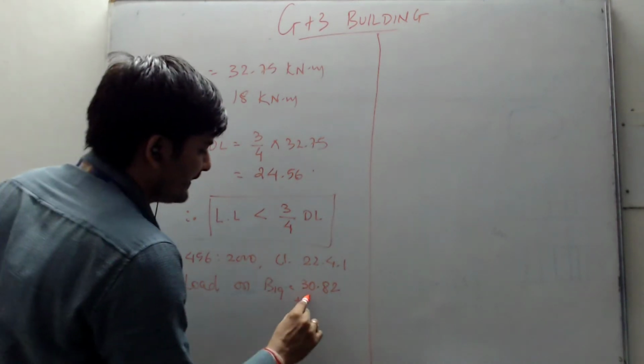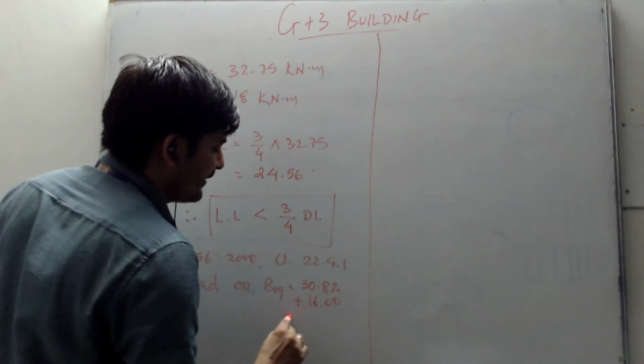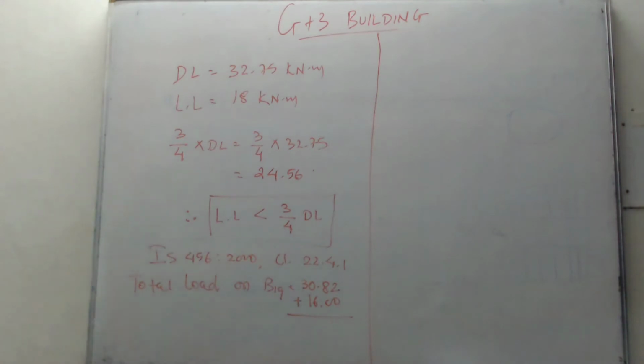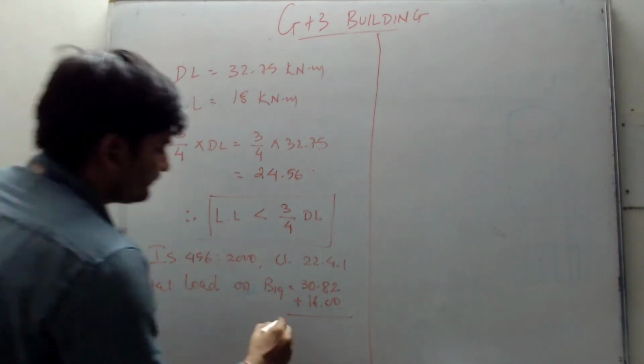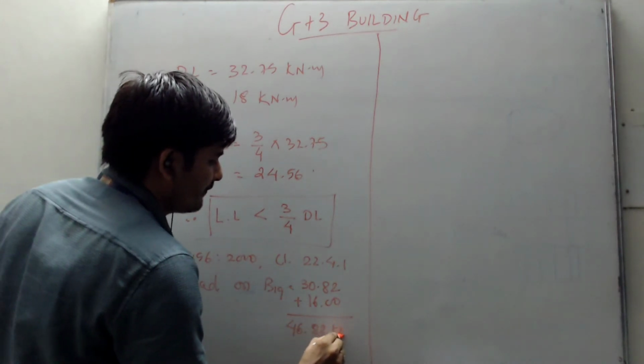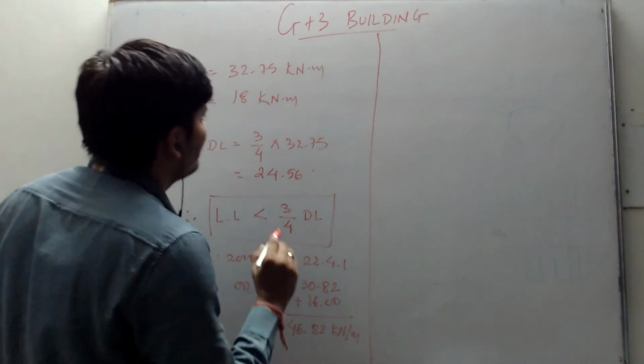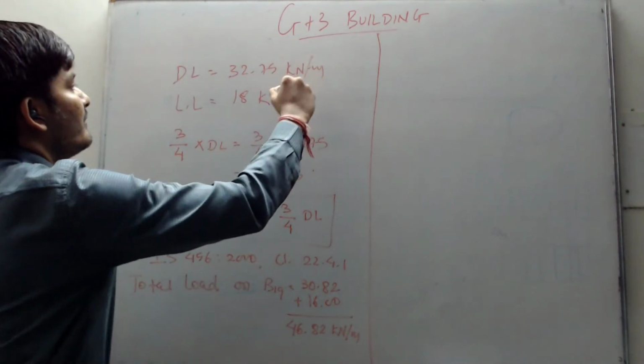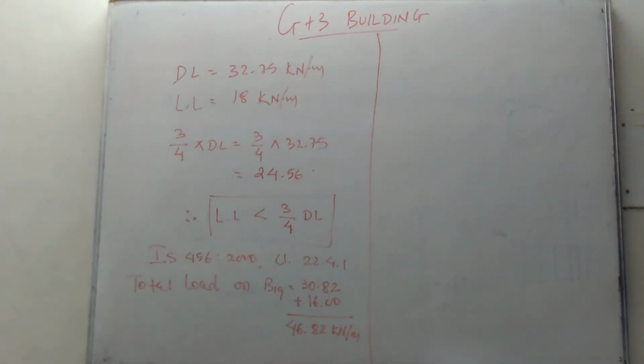If you make the summation of these two, you will get total load on beam 19 as 46.82 kilonewton per meter, right? This is per meter. This is UDL, right? So this completes our load calculation on our span beam 18, 19 and 20, right?